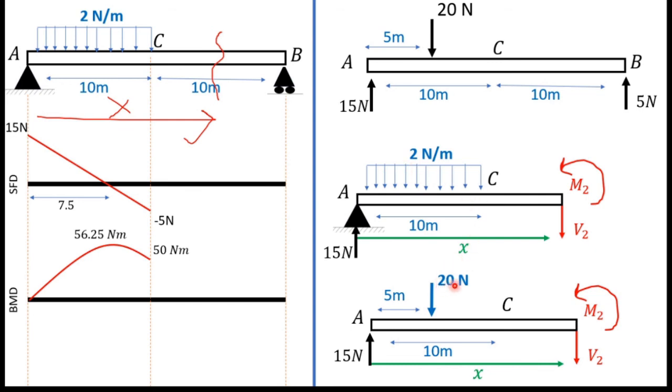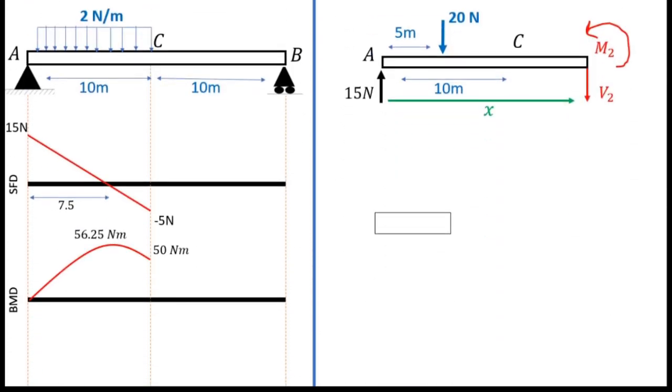It came from 2 times 10, right? Now I'm going to find V2. For that I will consider the sum of all the vertical forces. When I consider vertical forces, I can write 15 minus 20 minus V2 equals 0, and it comes V2 equals minus 5 Newton.